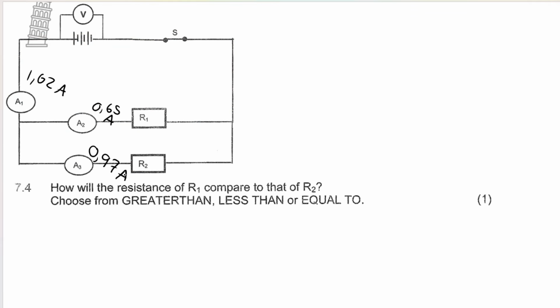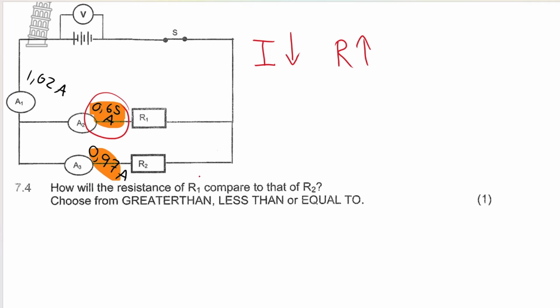Now, what you also should know from my electricity revision video that I have on my channel is the following, and that is the smaller the current, the bigger the resistor. So this is current 0,65, this is current 0,97. Which one is smaller? This one is smaller. So the smaller the current, the bigger the resistance.